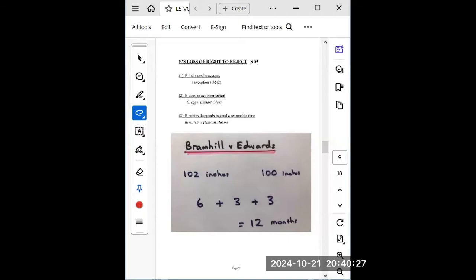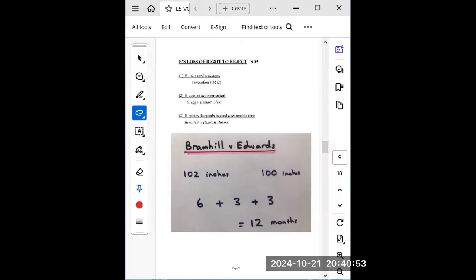If the seller argues that the buyer waived his right to examine by signing a delivery note, the usual sort of thing, I accept the goods are in good condition, if the seller argues that buyer waived his right merely by signing the delivery note, I bet you Section 3 and Section 6 of the Unfair Contract Terms Act won't allow it.